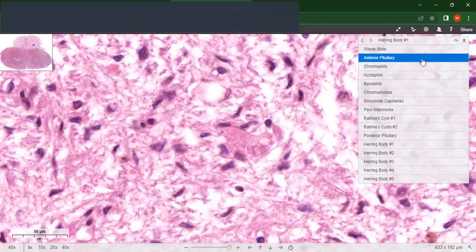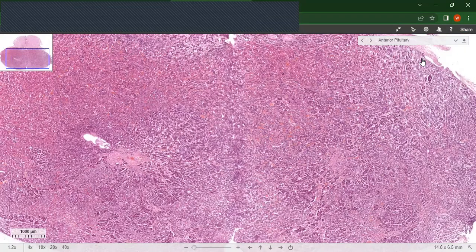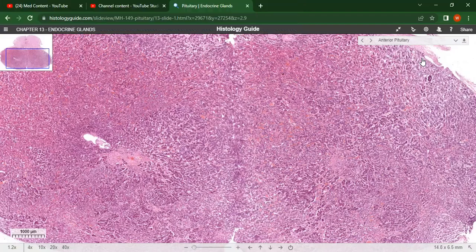Then let's look at the anterior pituitary lobe, which is what is known as the adenohypophysis. If you look at it, it is cellular. The adenohypophysis usually secretes tropic hormones, releasing and stimulating hormones. The cell types are classified according to their ability to take up dye.